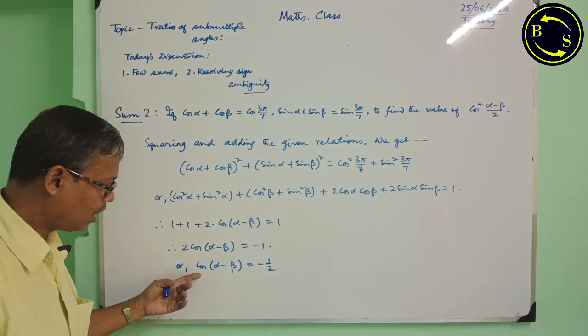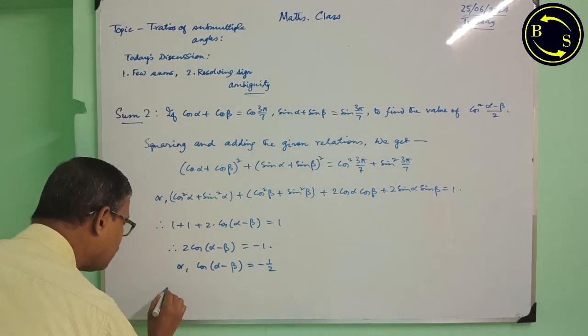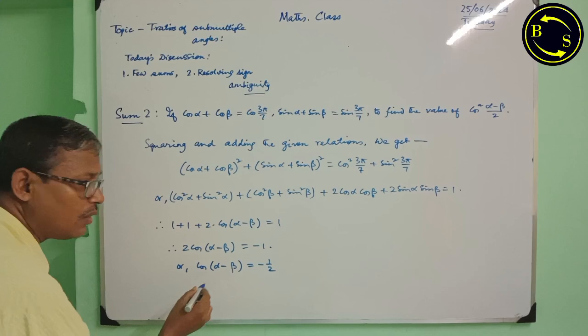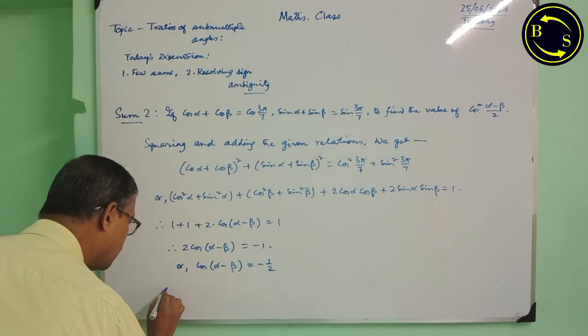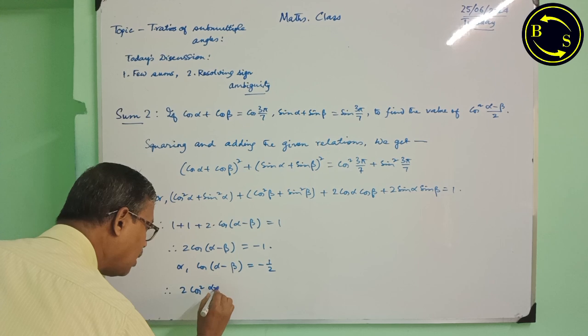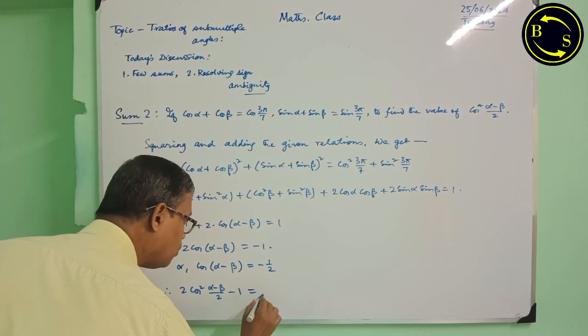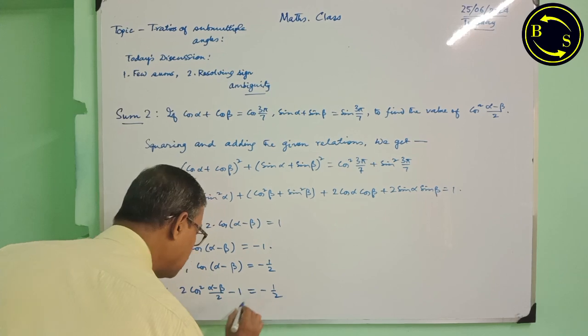Now we have got cos of alpha minus beta, that means 2 into alpha minus beta by 2. Therefore 2 cos square alpha minus beta by 2 minus 1 is equal to minus half.